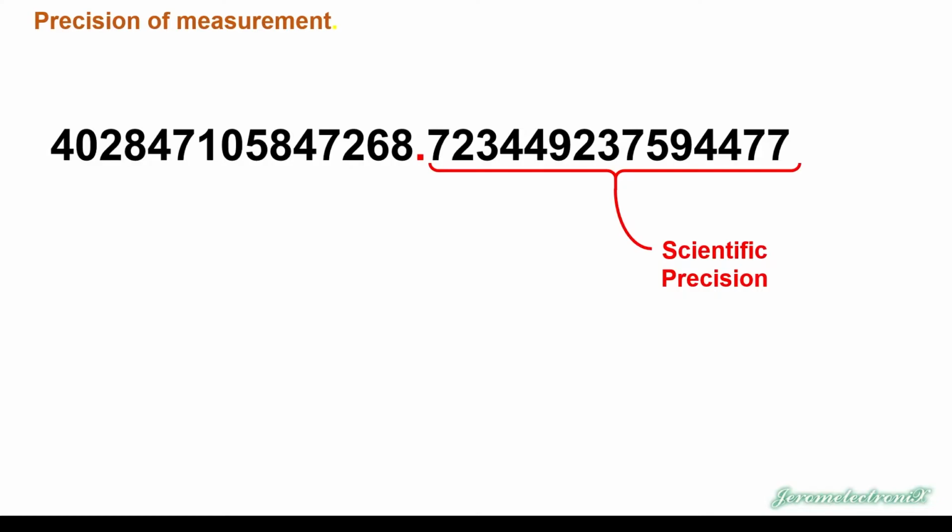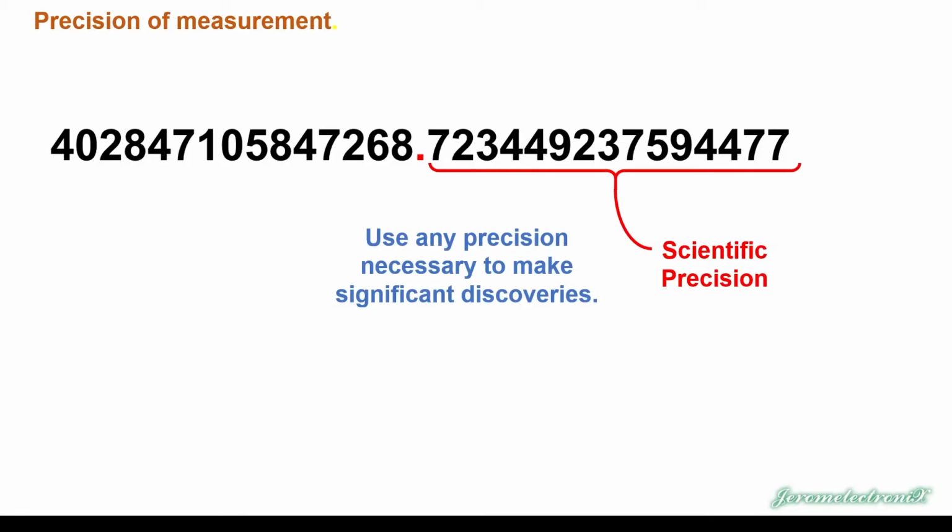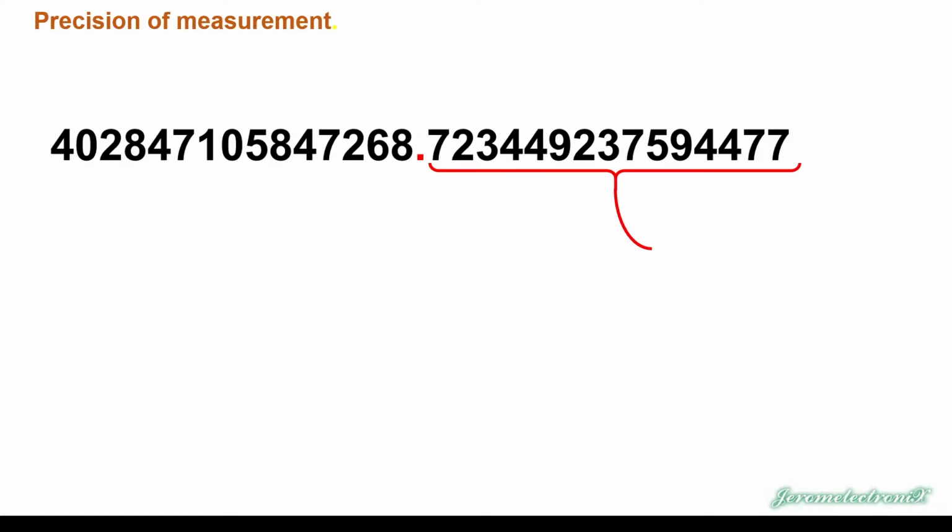For science, the precision is determined by the person doing the study, the scientist. He or she decides how precise they want the precision to be because they're actually making new discoveries. So any precision necessary to make significant discoveries is good enough.